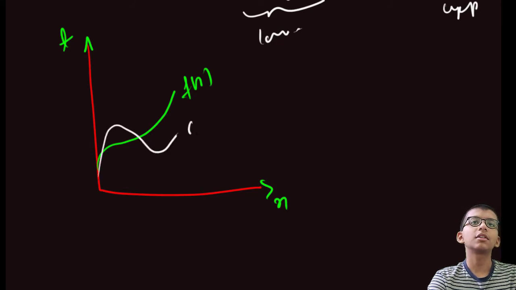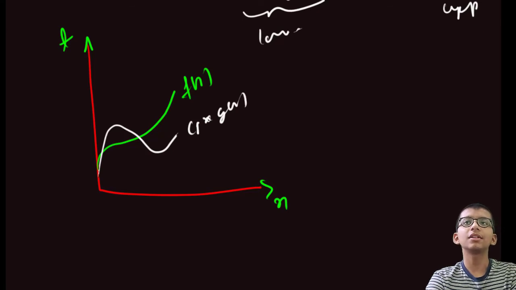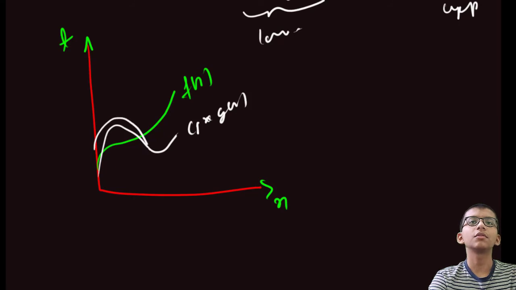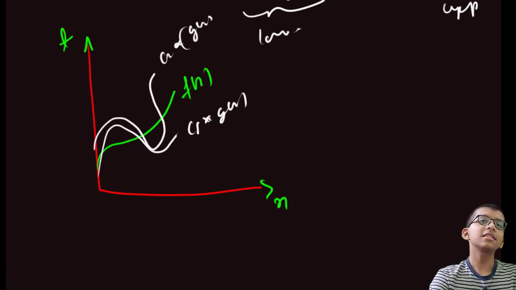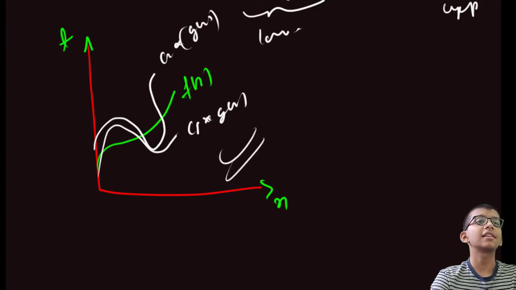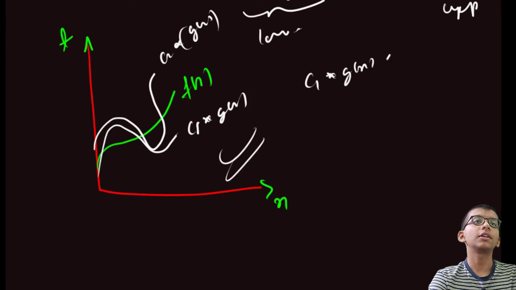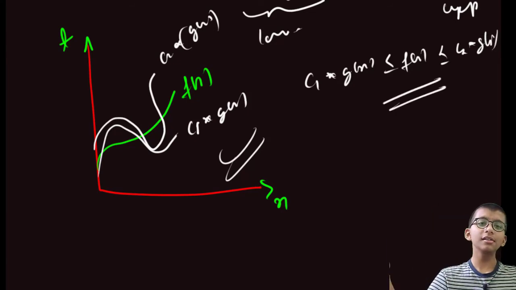This is c1 times g of n, the lower bound, and c2 would be the upper bound. This satisfies the condition that c1 times g of n is smaller than or equal to f of n, and f of n is smaller than or equal to c2 times g of n. And this is how it all works.